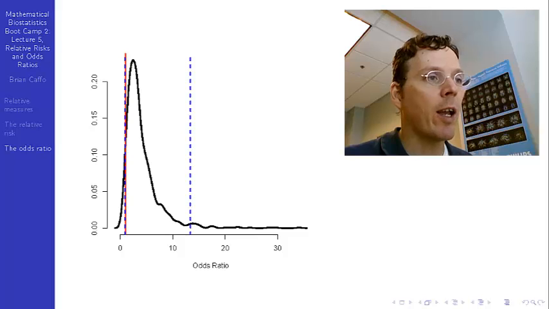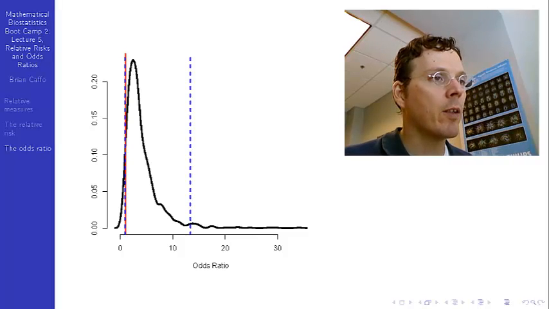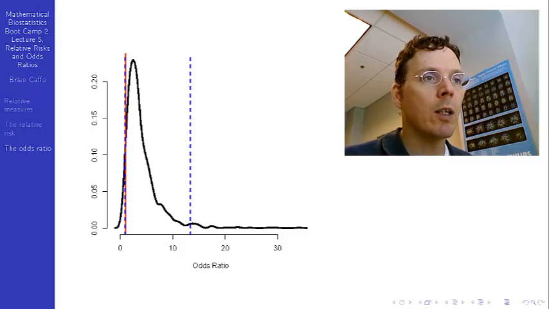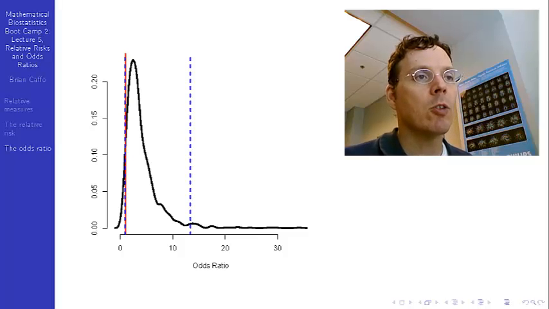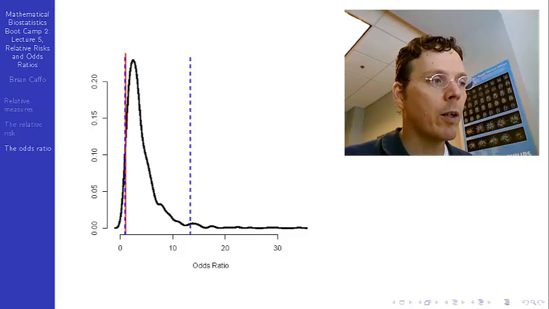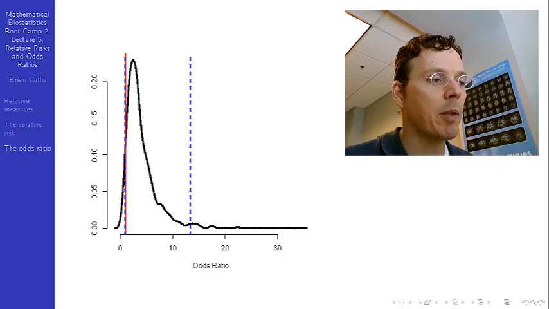As we saw when we calculated the confidence interval, the lower endpoint is just below 1, so if you were interested in something like significance, you wouldn't get significance. But I think the posterior displays a lot of information and gives you a lot more than just a confidence interval or the result of a hypothesis test, or even worse, giving the asterisks on how significant the p-value is, which some software does.